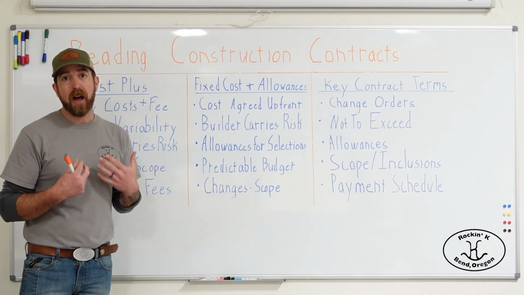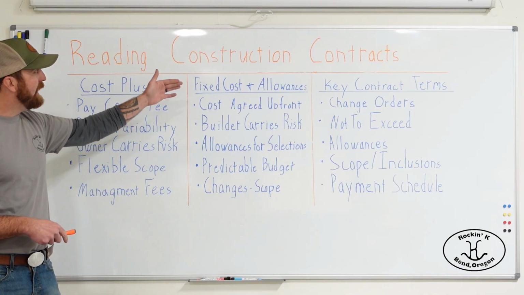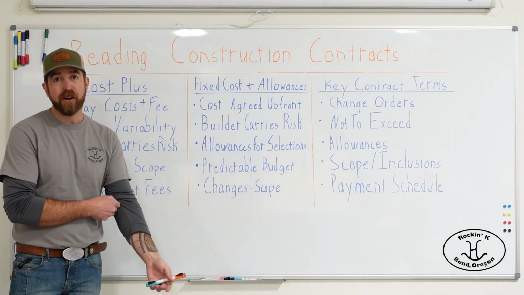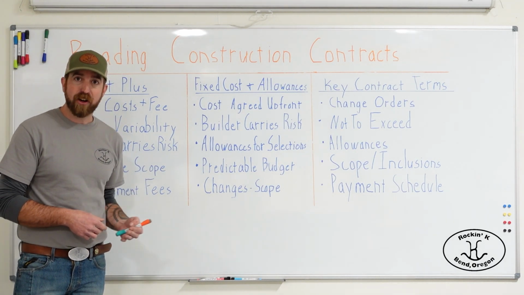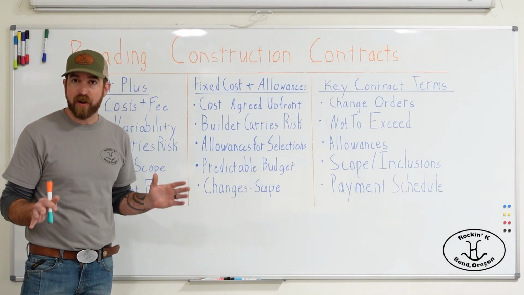projects. And so what I want to do today is educate you, the homeowner, on reading construction contracts. A lot of those horror stories I hear, had the homeowner been more educated at the beginning, they could have avoided the entire fiasco.